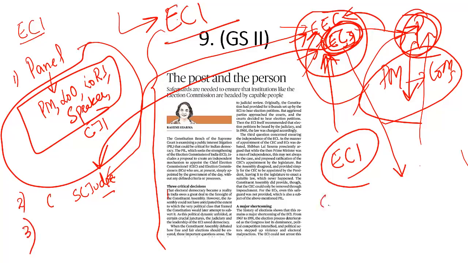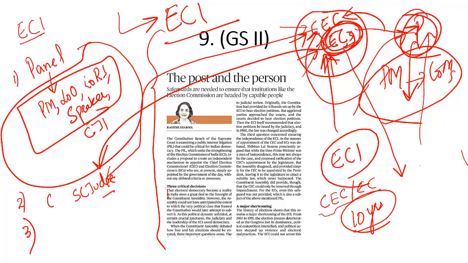Third recommendation, that there should be a cooling off period. Let's say, for example, I am chief election commissioner or an election commissioner. My term expires tomorrow. Tomorrow I cannot join any political party. That means there should be a mandatory cooling off period of 10 years. And for 10 years, election commissioners or chief election commissioner should not be allowed to join any political party. Why? Because it is to prevent conflict of interest.